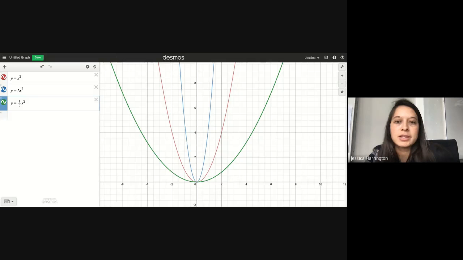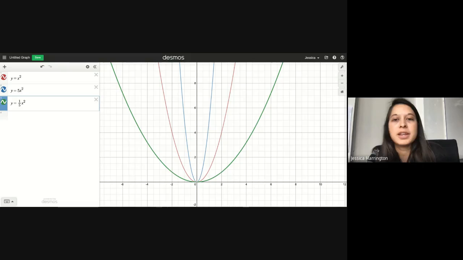So let's write that down. What you really want to write down is this. So I want to add this here. We're going to ignore these examples right now. So if you multiply the entire function by a constant, it's a vertical stretch or compression.